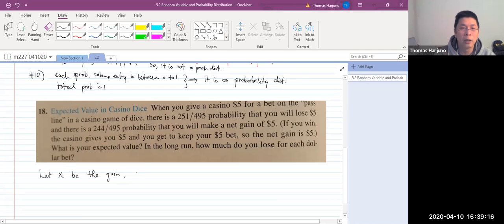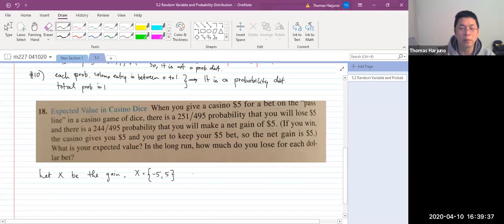Now, what are the possible values for X? Either you lose $5, that's -5, the opposite of gain, or you win $5. Those are the possible outcomes.